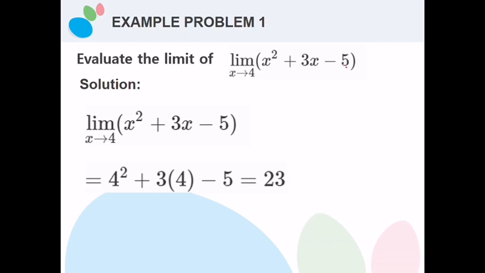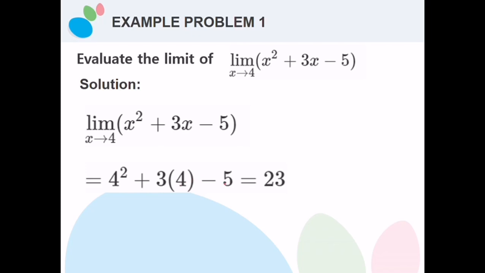We substitute x equal to 4. So x squared becomes 4 squared, 3x becomes 3 times 4, and then minus 5.